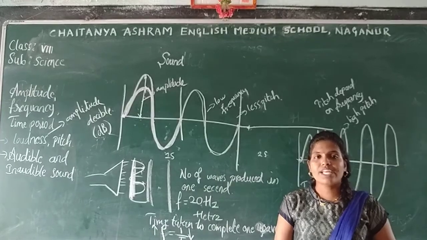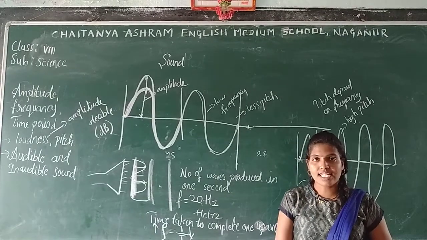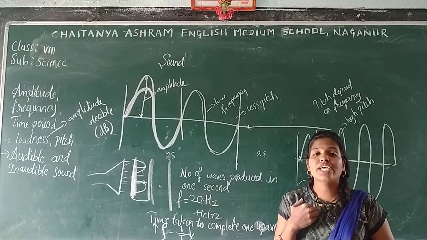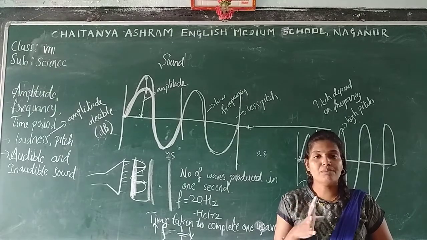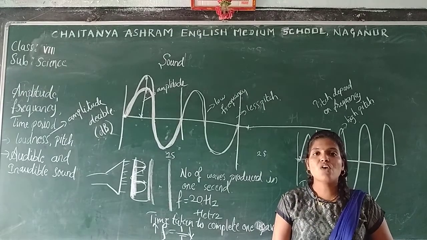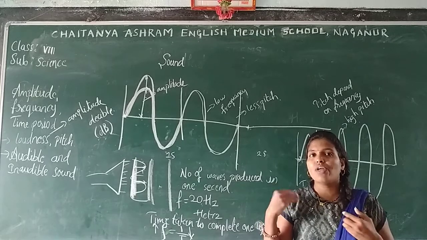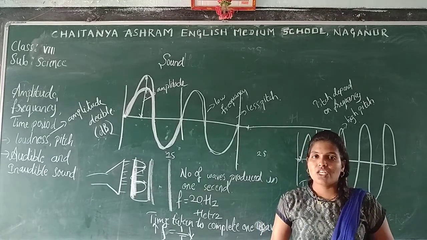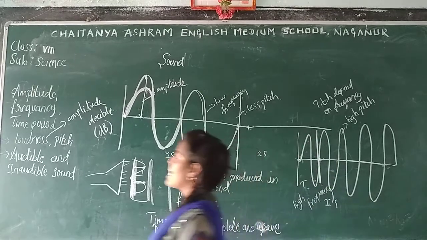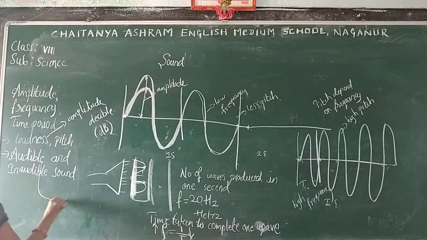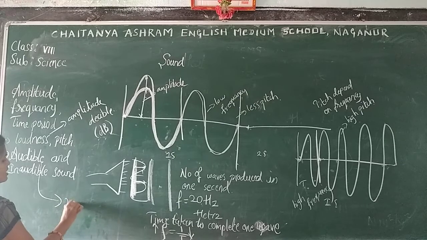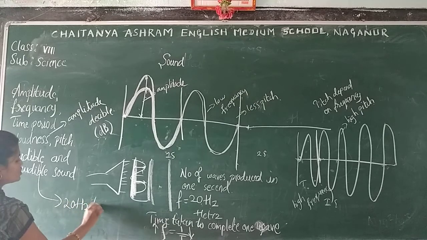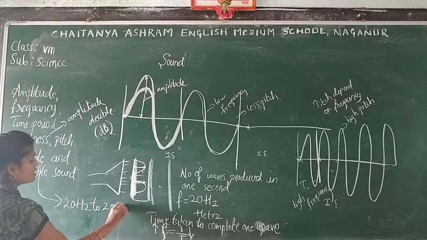Some animals can hear that sound, but human beings cannot. The sound we can hear, we call an audible sound, and the sound we cannot hear, we call an inaudible sound. Audible sound means it has a frequency between 20 Hz and 20,000 Hz.